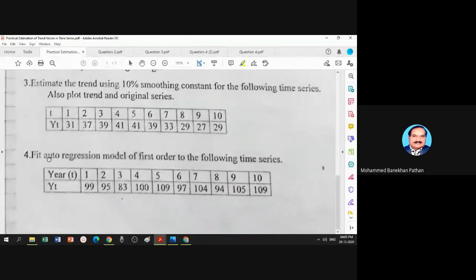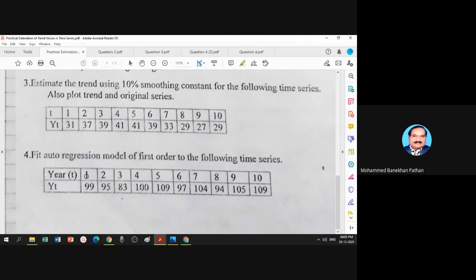Fit an auto regression model of first order to the following time series. This is the last theoretical topic which I taught in the chapter on time series, the auto regressive model. Y t is a time series and the year denoted by small t is a time factor.